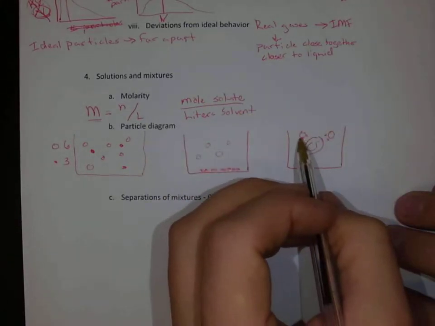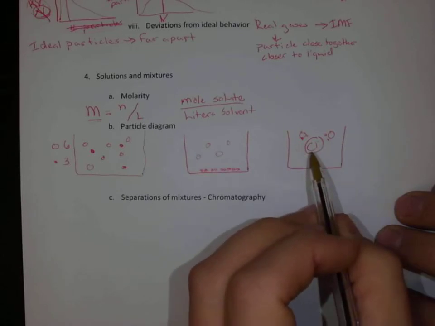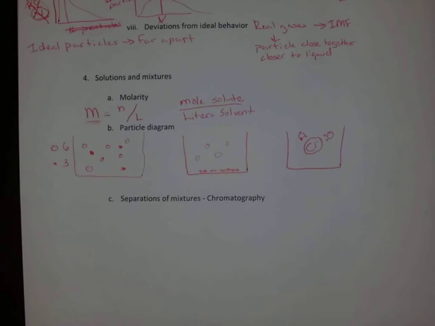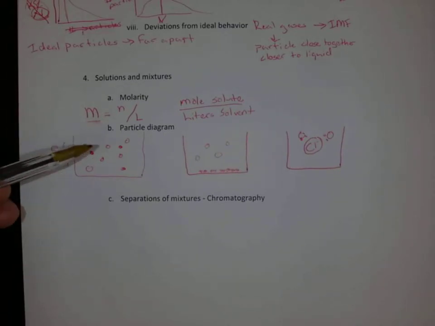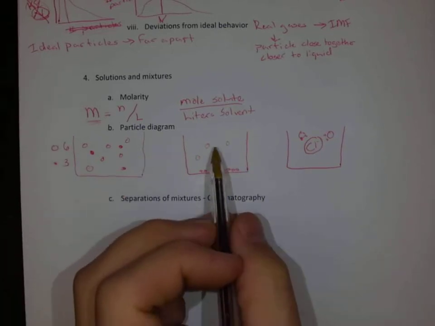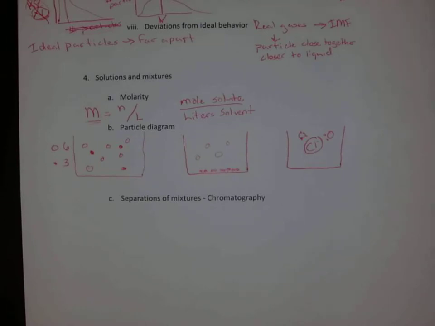The positive end of one molecule is pointed towards the negative end of my ion, okay? So with each of these particle diagrams, I'm trying to show the property that I want to show: concentration, solid versus liquid, or intermolecular forces, okay?